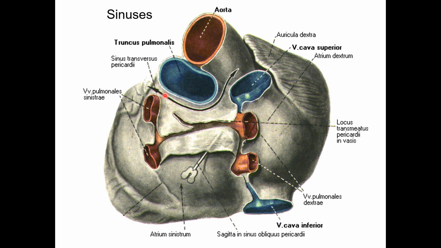The first area is between the arteries and the veins. So we do not forget, we have the major vessels which are attached to the heart. They are either going out of the heart, which include the aorta and the pulmonary trunk or pulmonary artery, or they are going back to the heart via veins.